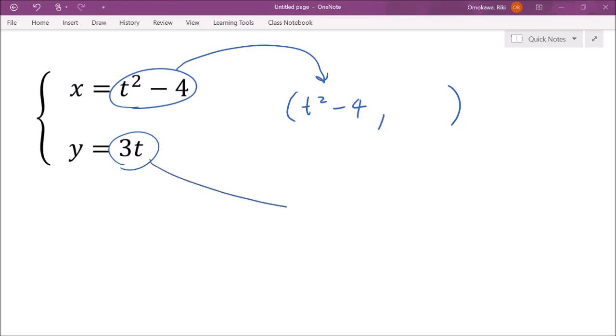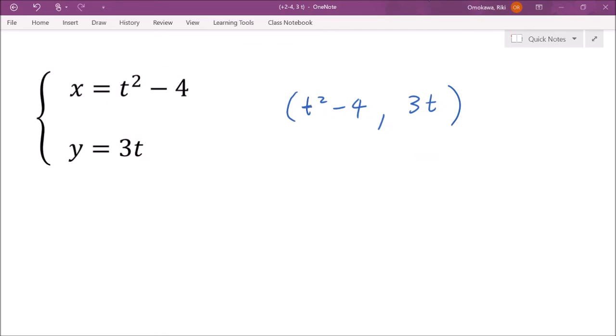So we write it like a y value, 3t, and then close parentheses. So again, it's just these same two equations or expressions written as a coordinate point. And let's see how that actually looks in Desmos.